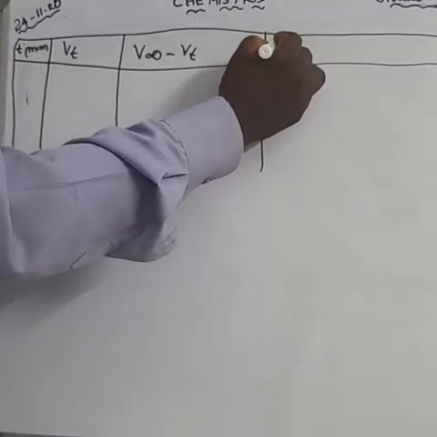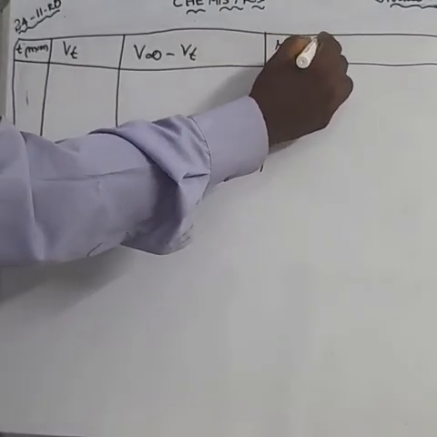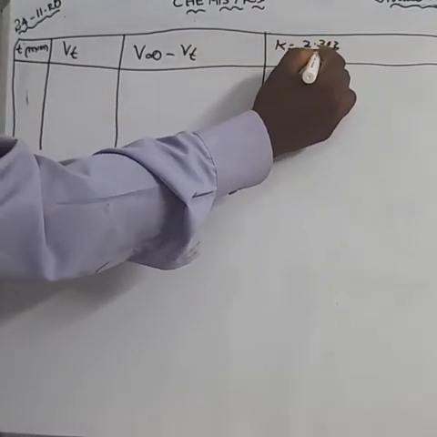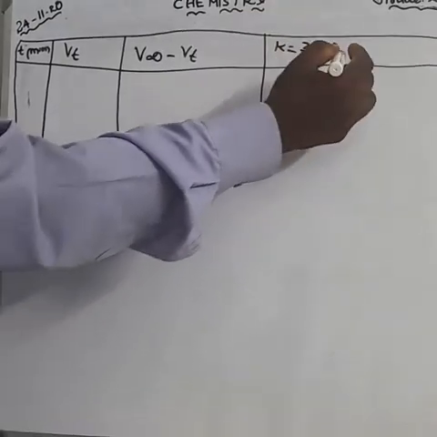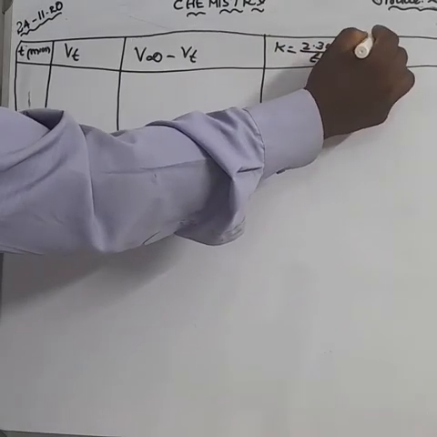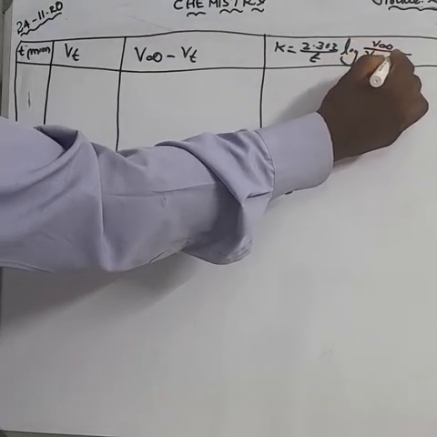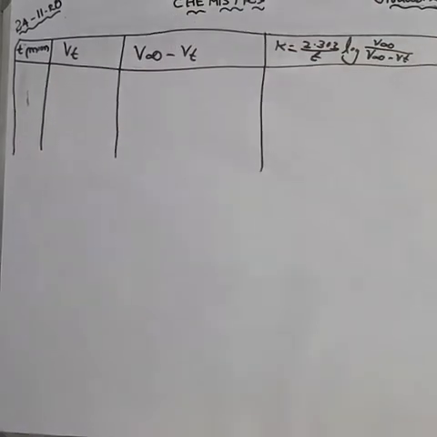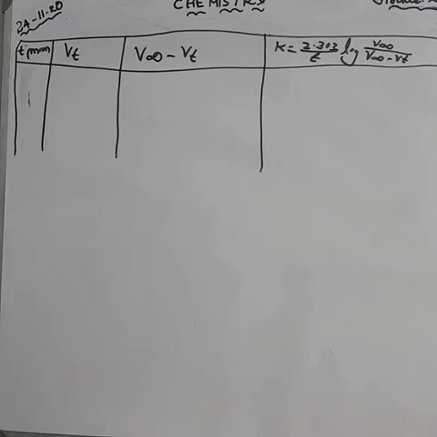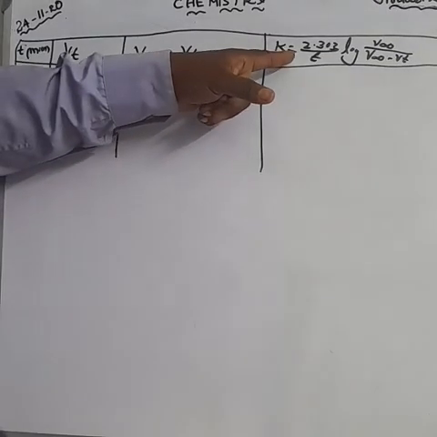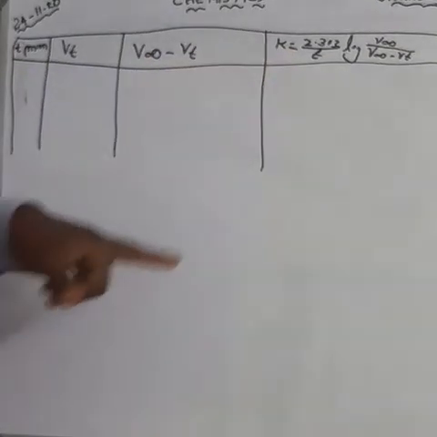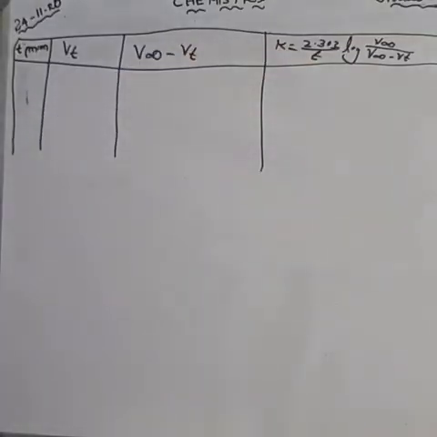K is equal to 2.303 by t log V infinity minus Vt. This is the formula. Can you see what the formula is here? K is 2.303 by t log V infinity by V infinity minus Vt.